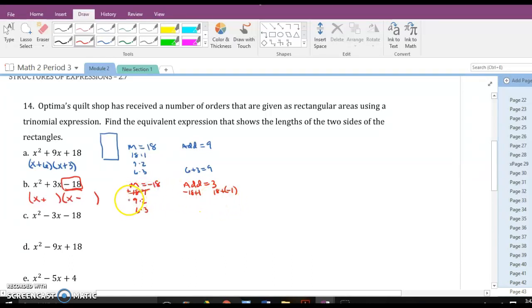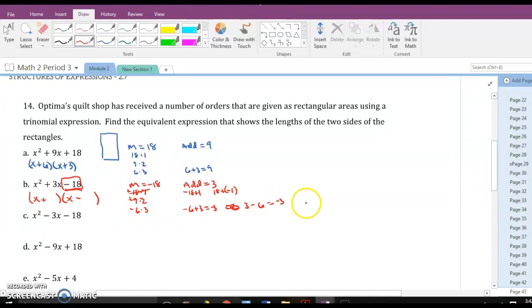Negative 9 plus 2 is negative 7, no. Positive 9, negative 2, it's going to give you 7, no. But then if I have negative 6 and 3, negative 6 plus 3 is negative 3, but 3 minus 6 or plus negative 6 would give me negative 3. Which one do I need here? I need it to add up to a positive.